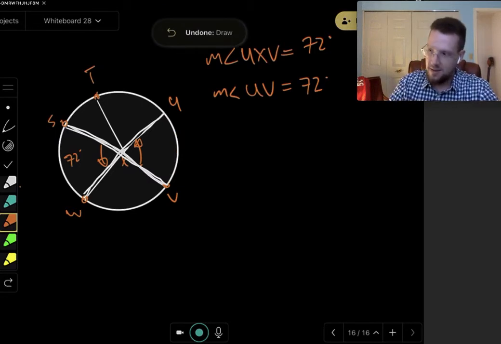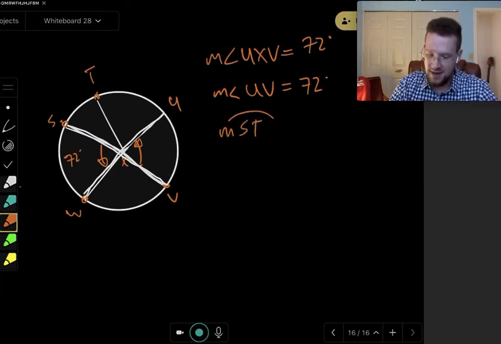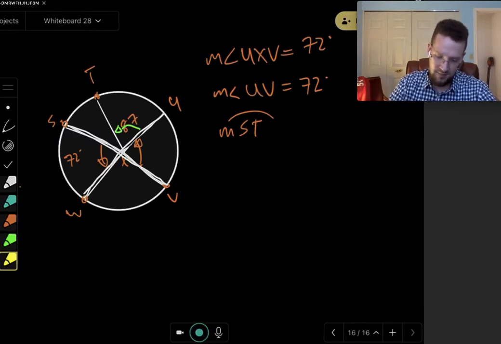What about the measure of arc ST? Well, if we know this one is 87, well, this is a straight line here.